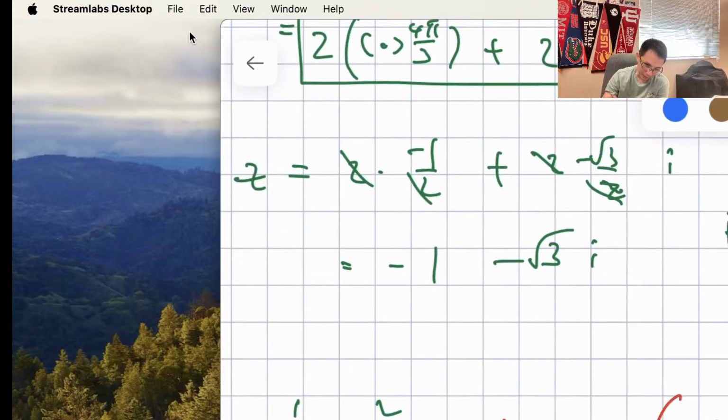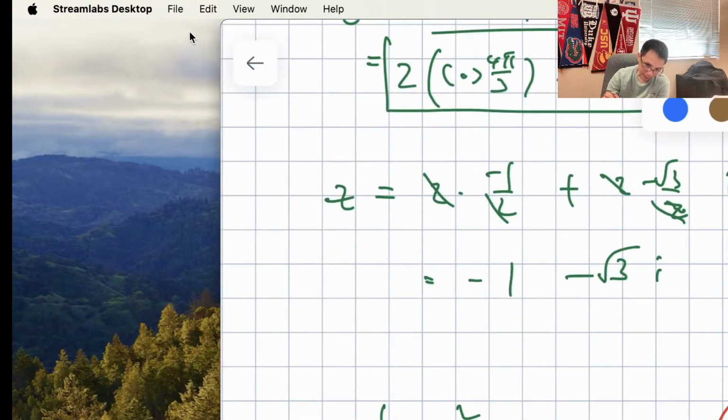So z1 is 2 minus 2i, and z2 is -1 minus square root 3 i. Here we got 2 square root 2 as the first modulus. What is the second modulus? 2. So can I just multiply this by 2?